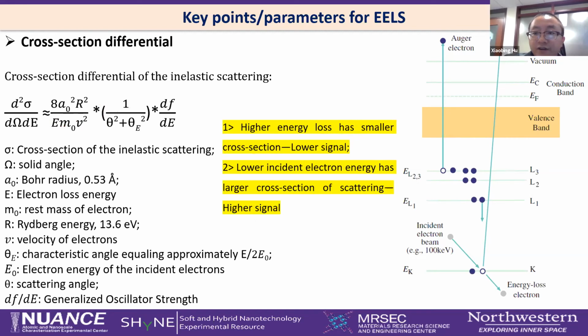Another thing is this theta, the scattering angle. When your electron interacts with your sample, it will be scattered away, and theta is the scattering angle. This is theta E, we call the characteristic angle, equal to around E divided by 2E0, where E0 is the energy of the electron beam. I will cover more details for this one later.